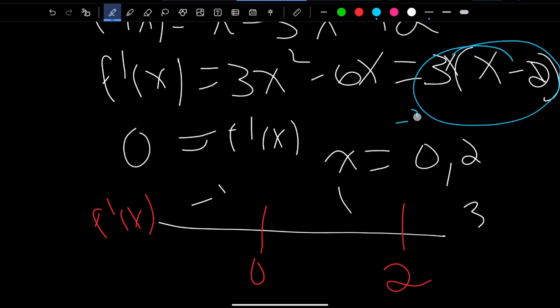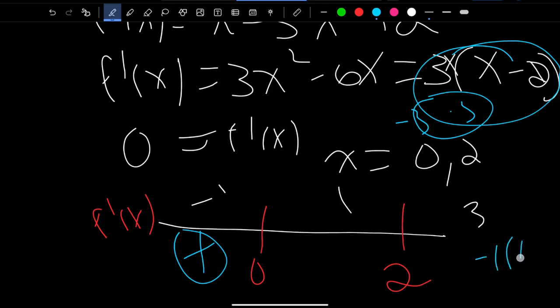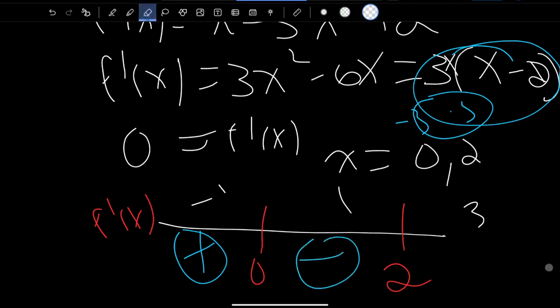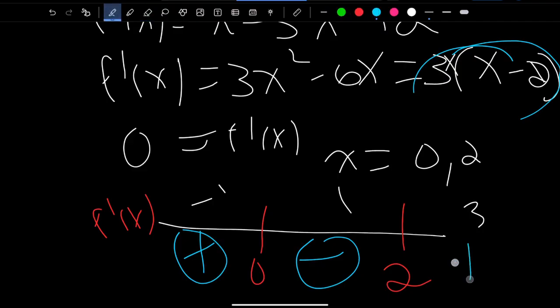It's going to be negative 3 times negative 3, which is going to be positive. And then if we plug in a 1, it's going to be negative 1 times 1, which is going to be negative. And then if we plug in a 3, it's going to be positive.